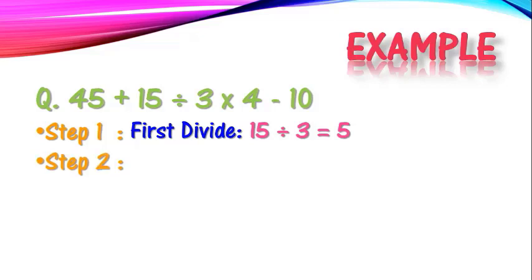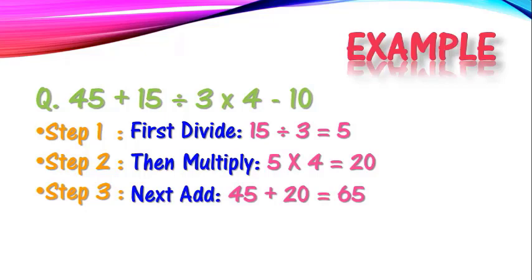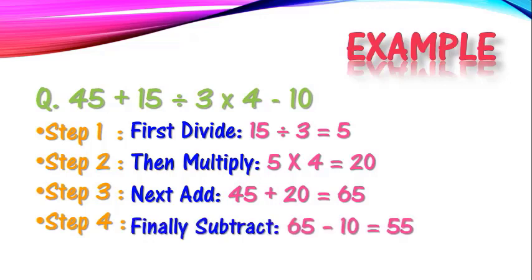Then we will multiply. 5 multiplied by 4 will give us 20. Then add. 45 plus 20 will give us 65. At last, we have to subtract. 65 minus 10 is equal to 55. So, 55 is our answer.